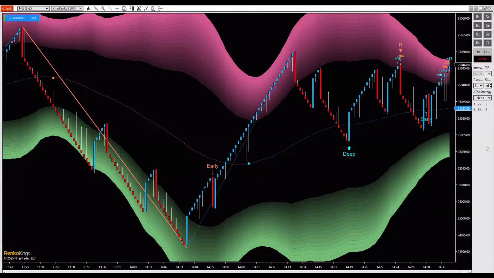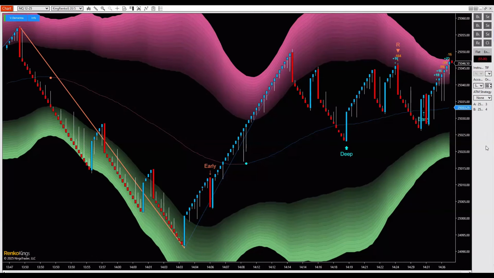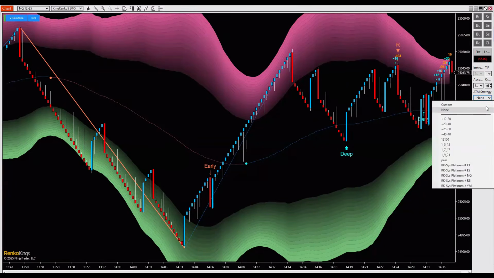So I'm still waiting for something. If they give me a reversal signal, I'll still try to take it.